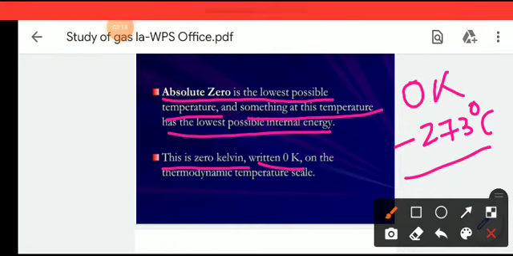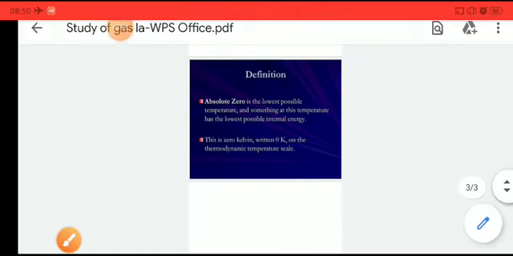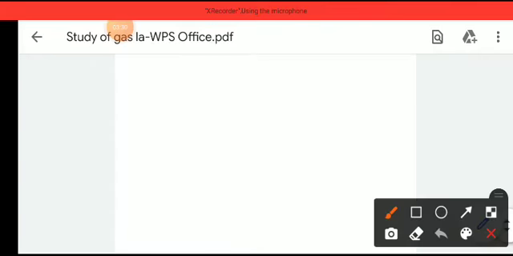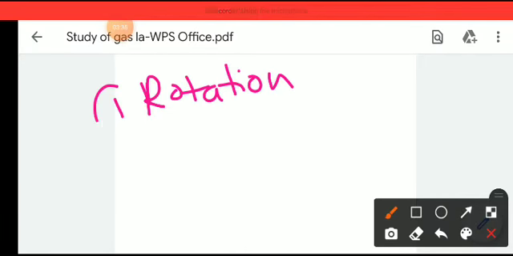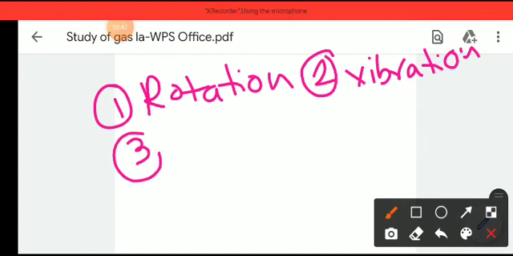For any molecule, we have mainly three motions: rotation, vibration, and translation.